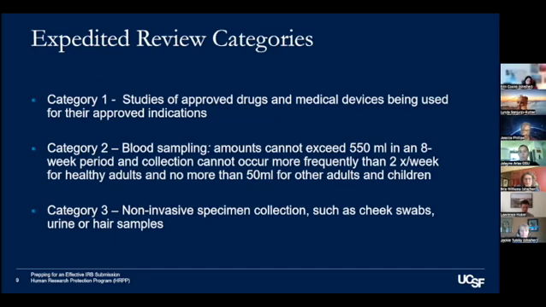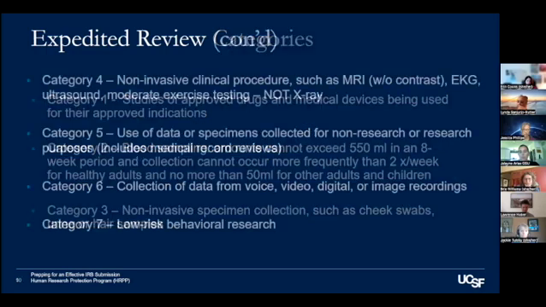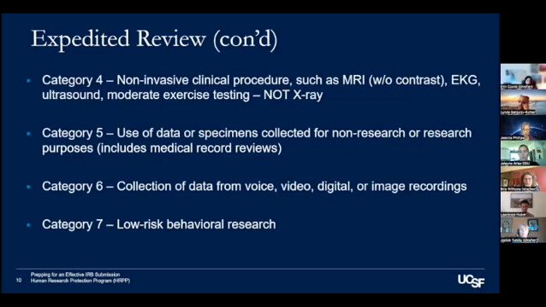Category 3 is non-invasive specimen collection, like urine and hair samples. Category 4 is non-invasive clinical procedures, such as MRIs, EKGs. Typically, no radiation would go in this category. Category 5 is use of data or specimens collected for non-research purposes.